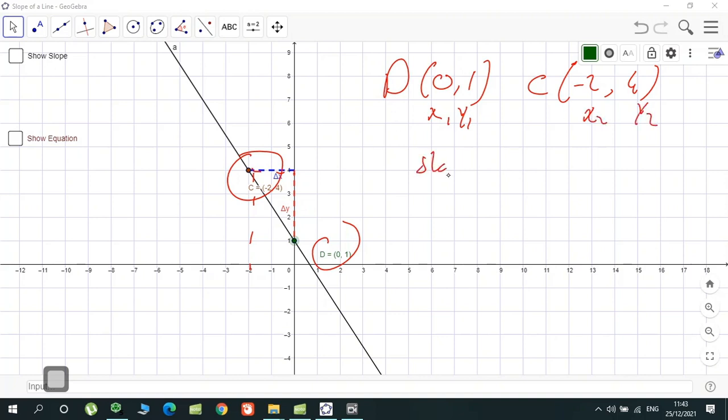So slope is equal to y2 minus y1 over x2 minus x1. That's equal to 3 over negative 2, which is negative 3 over 2. As you see, we get the same answer. If you choose any 2 points, the slope will be negative 3 over 2. Even if you change the points, it doesn't matter. Slope is constant for any line.